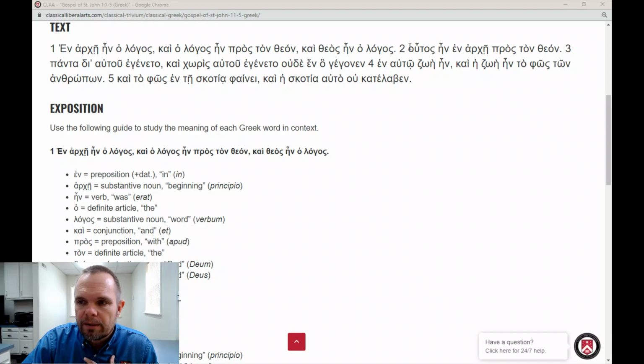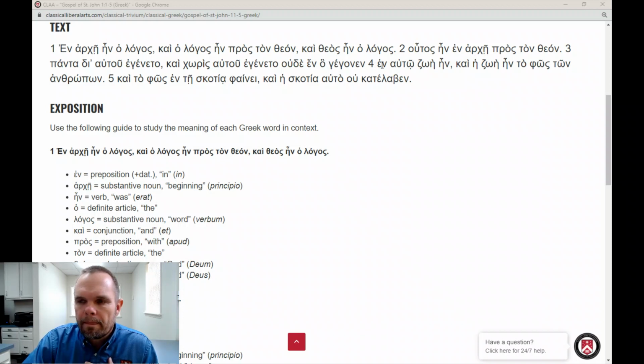So listen carefully. Houtos ein en arche pros ton theon. Verse 3. Panta di autou egeneto kai choris autou egeneto oude hen, notice the rough breathing, hen ha gegonen.